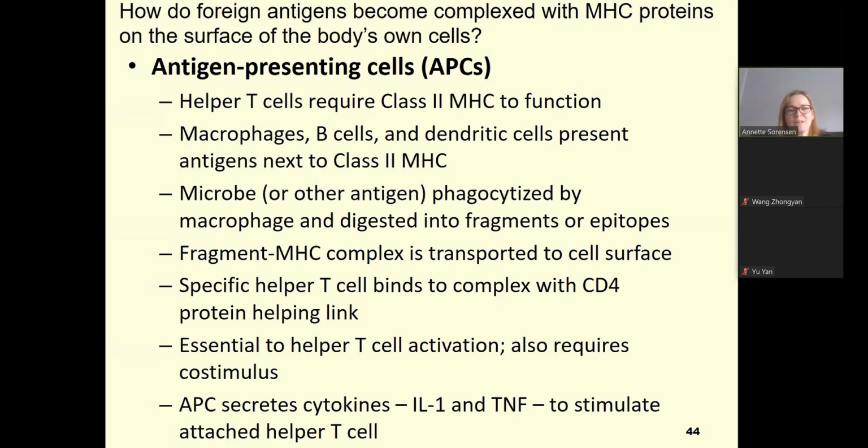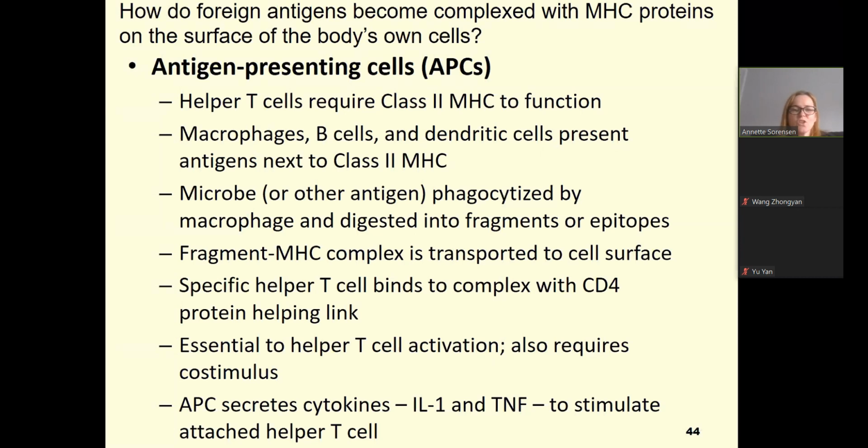That complex is then transported to the cell surface of the macrophage, for example, in this case, and the T cells can then bind to that complex. They use the CD4 protein linking to help with that.